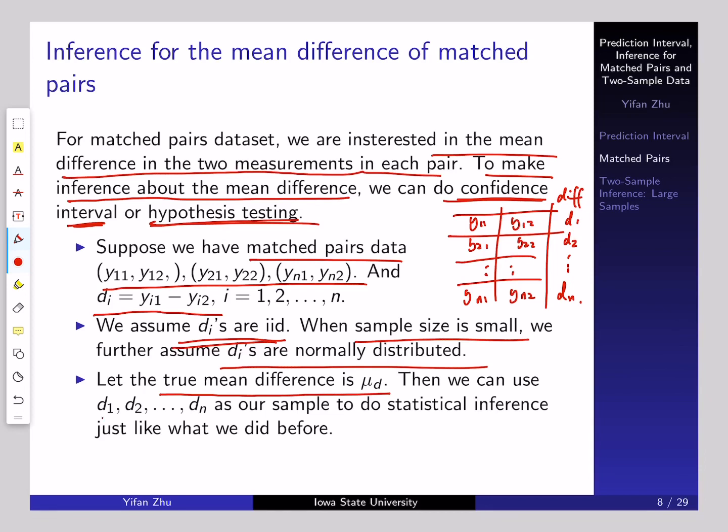Then we can use d1, d2 to dn as our sample to do the statistical inference, the one sample inference using d1, d2 to dn.